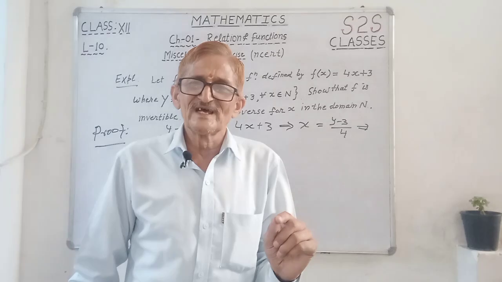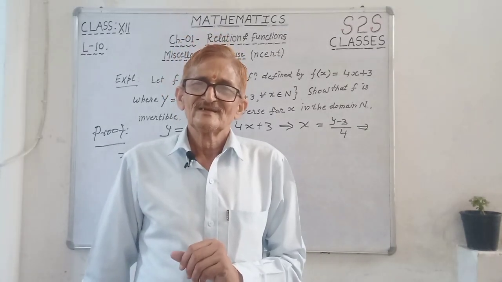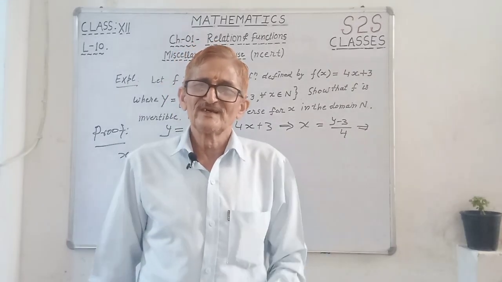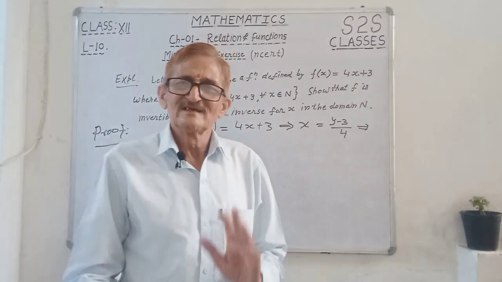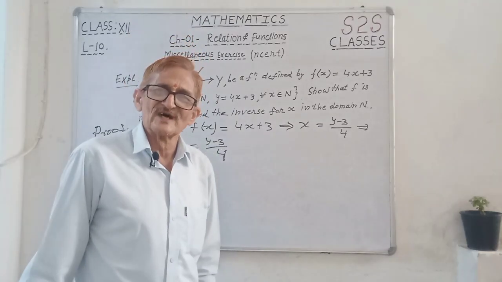The domain of f must be the range of g, and the domain of g must be the range of f. Like this, vice versa, if two functions, then both are invertible.